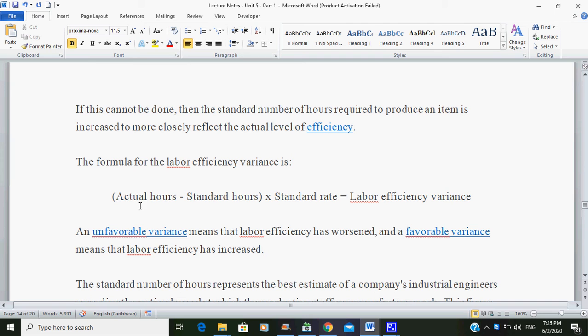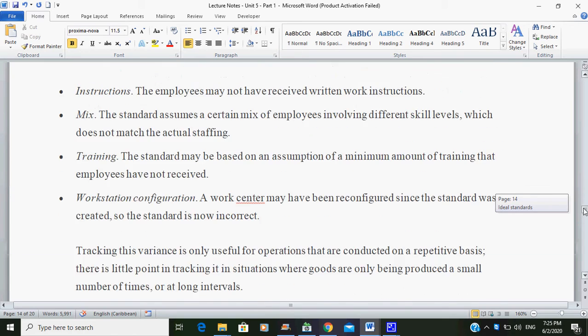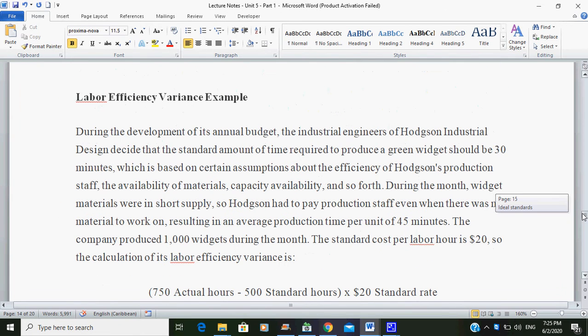The first thing you have to do is convert the minutes to hours, then multiply by 1,000. To get the actual hours, you divide 45 by 60, because 60 minutes make an hour. You get 0.75. Then multiply 0.75 by 1,000 widgets, because that's how many were made. And that will give you the 750.